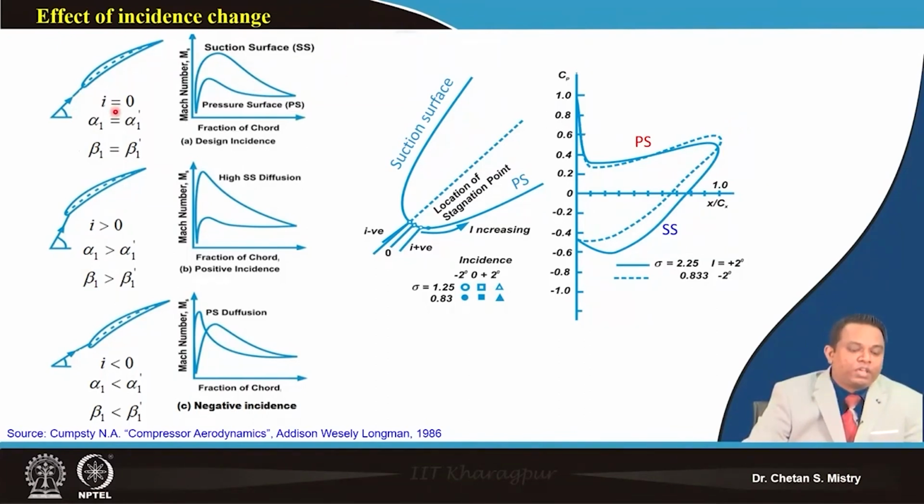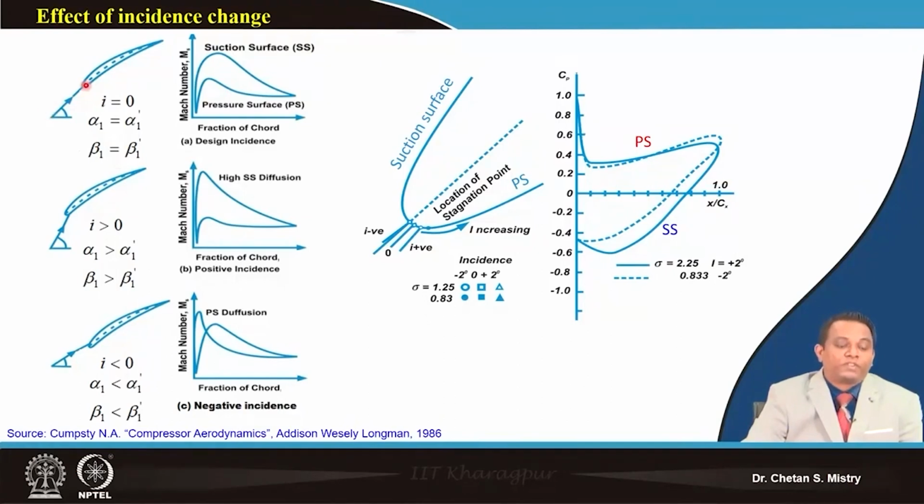So here, if you look at, we have three different conditions. We have our incidence angle to be 0. What is the meaning of that? You can say if I am talking about the stator, my alpha 1 and blade angle, they both are the same. Similarly, for the rotor, we can write beta 1 equal to beta 1 dash.